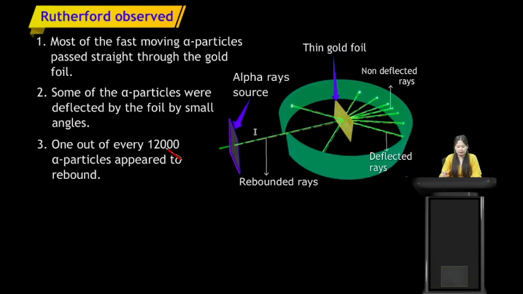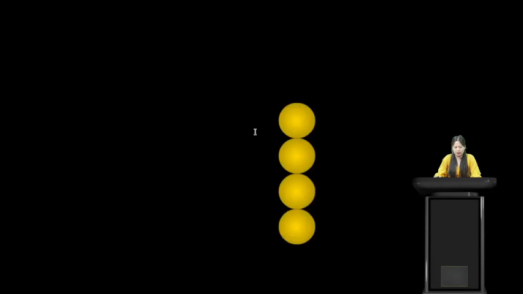So when we look at this, most of the alpha particles travel in a straight line, some were deflected, and one out of every 12,000 alpha particles appeared to rebound. So this was the observation of Rutherford's alpha ray scattering experiment.